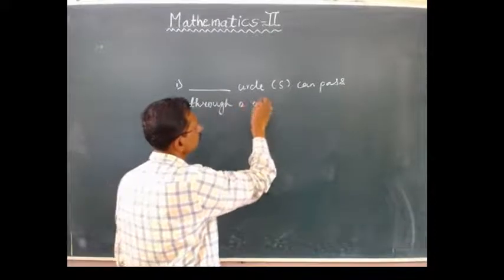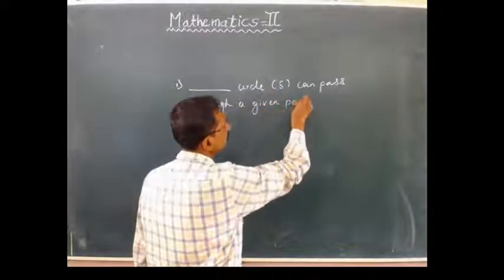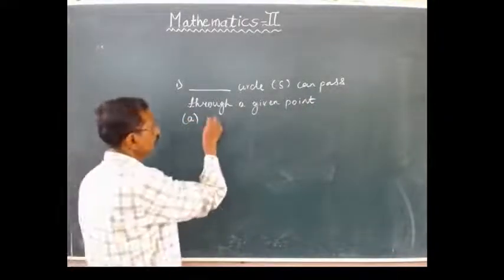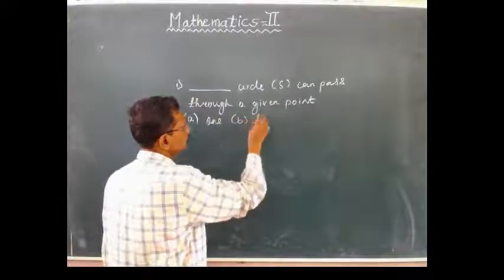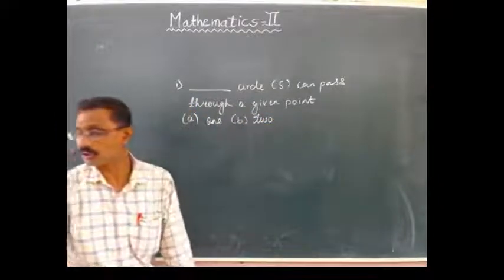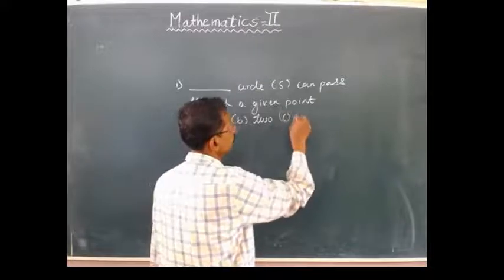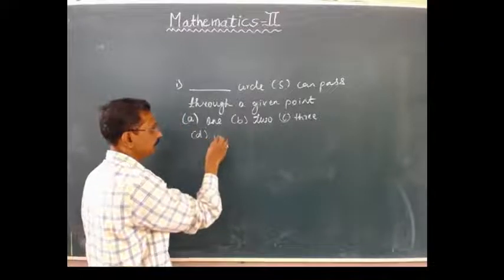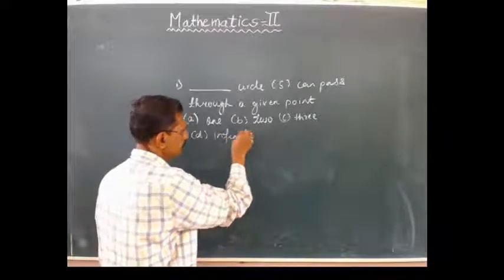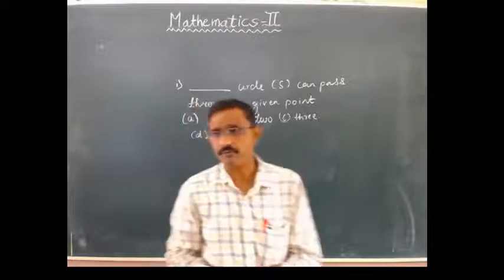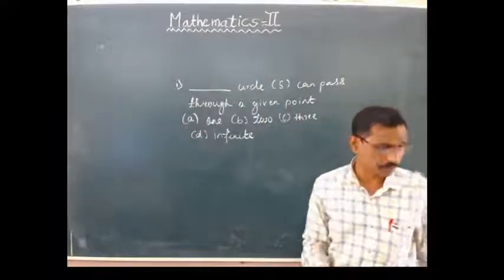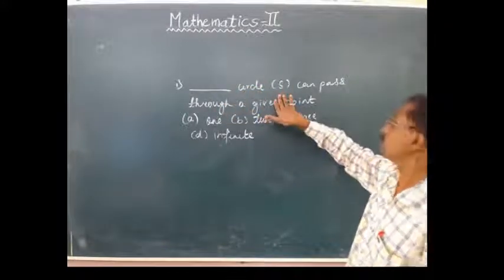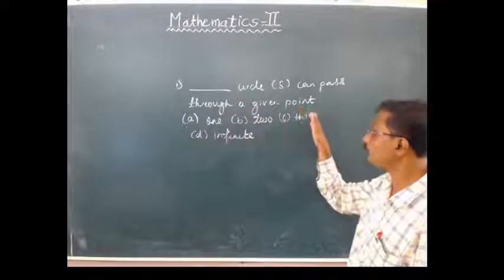Our options are: option A 1, option B 2, option C is 3, and option number D is infinite. So, as I always say, first read the question properly before we proceed with this. Dash circle or circles can pass through a given point.